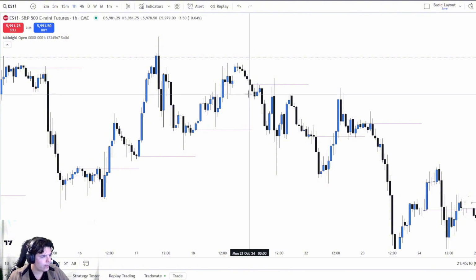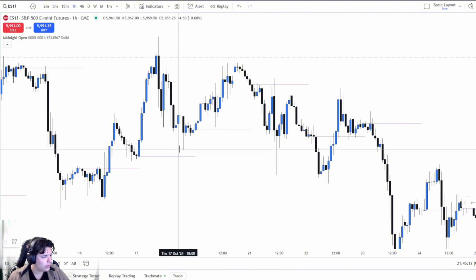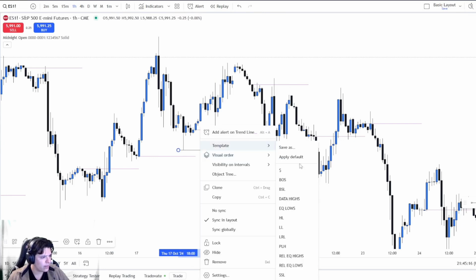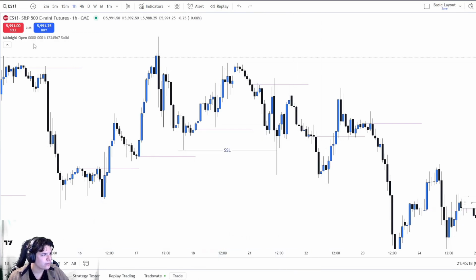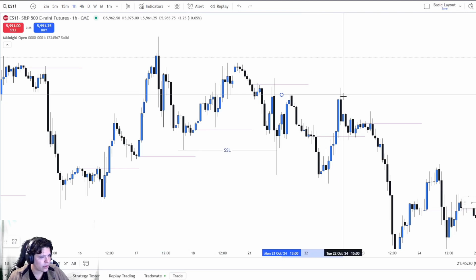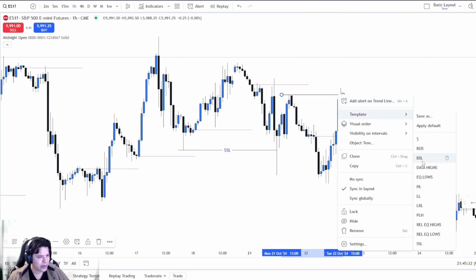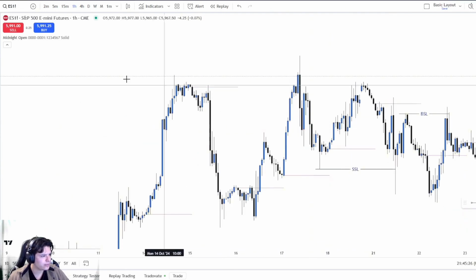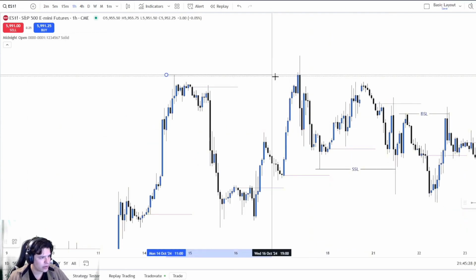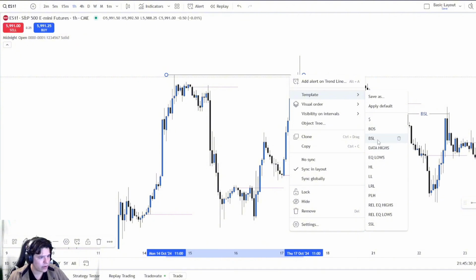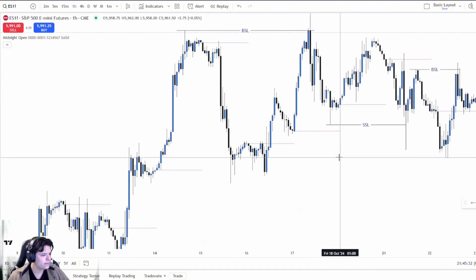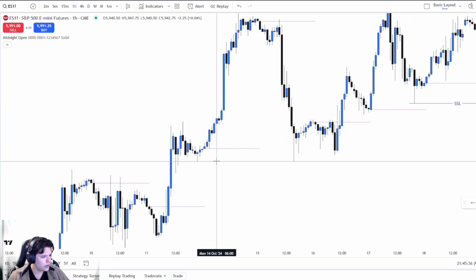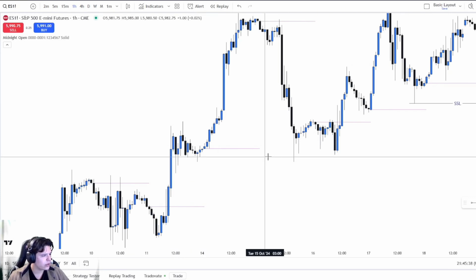Okay, so these lows here get taken right there. These highs here get taken right there. We also had these as a potential draw, but we don't end up going there. These previous highs get taken right there. These lows here, we print relative equal lows, it seems like.